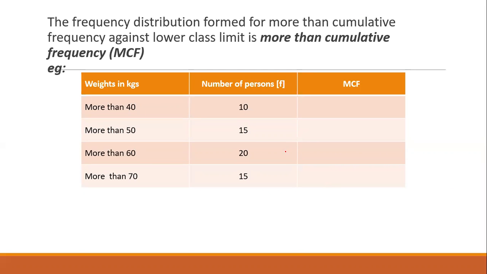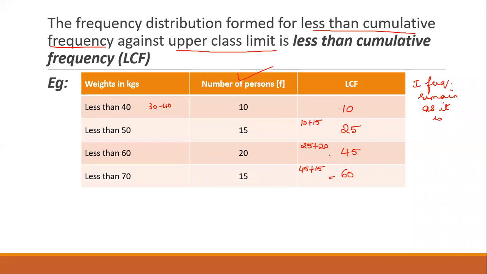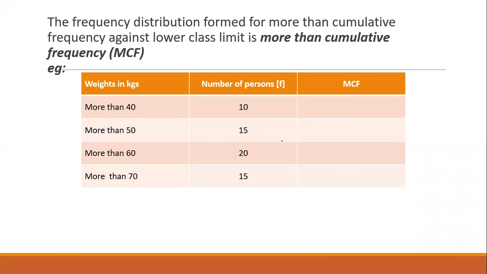Okay, so when you calculated less than cumulative frequency, the first frequency remains same. But in more than cumulative frequency, it comes from the lowest class, it comes from below. Go from below upwards. So the last frequency will remain same.